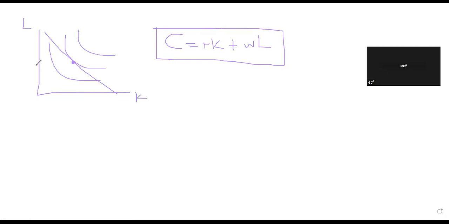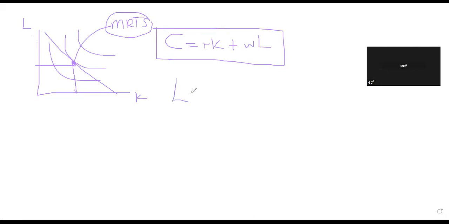The point at which production is optimized is called the marginal rate of technical substitution, MRTS. So MRTS is simply the point where we combine labor units and capital units to maximize our production.